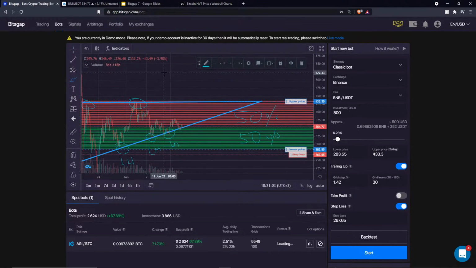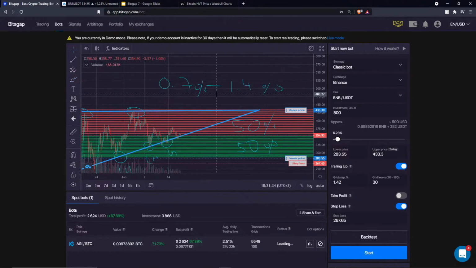On average, I set my parameters so that my grid step is usually from 0.7% up to 1.4 or 3%. So that's the range that I select for my grid step. This particular grid range has proven to be successful for me.